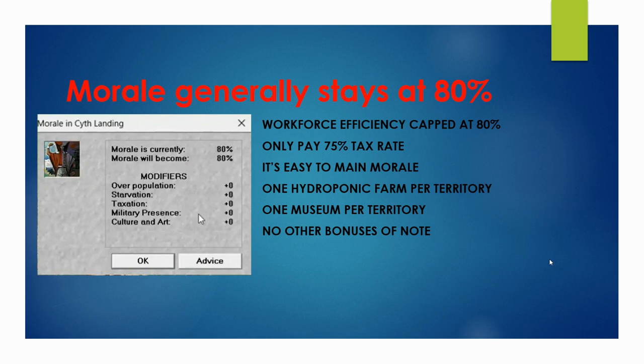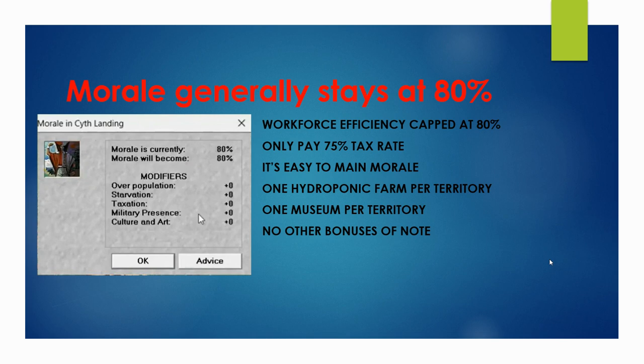It's also easy to maintain morale because you can put one hydroponic farm in each territory and one museum in each territory, and you'll generally have your food needs met, and you can overcrowd a little bit and stuff like that. So it's not super difficult to maintain a decent morale with these other races in a territory because you literally can just put these buildings in there and they'll have that ability.